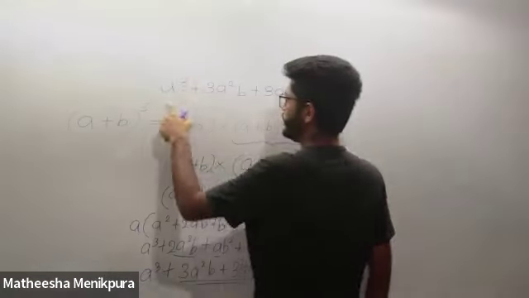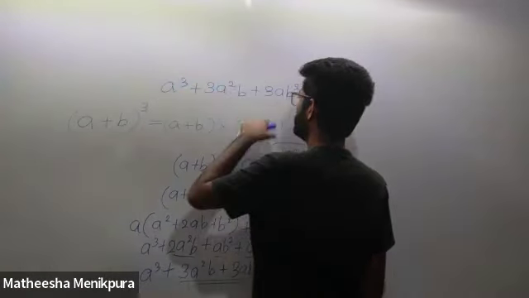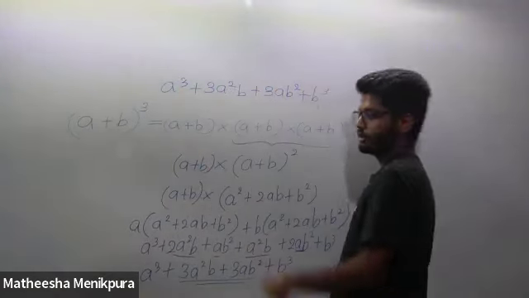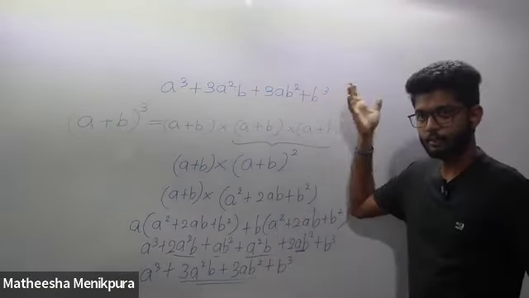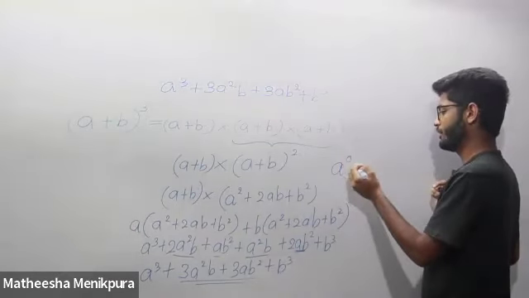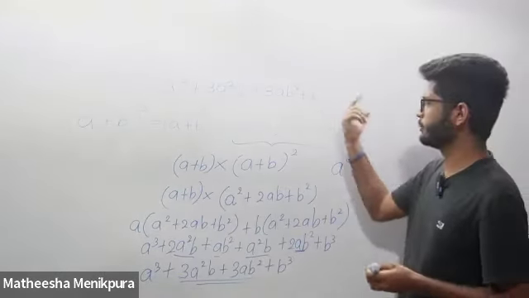It starts with a to the power 3. In the second term, that is a to the power 2. When it comes to the third one, it has become a to the power 1. In the fourth one, it is nothing, therefore a to the power 0. Anything to the power 0, the answer is 1. Therefore, a to the power 0 means 1.